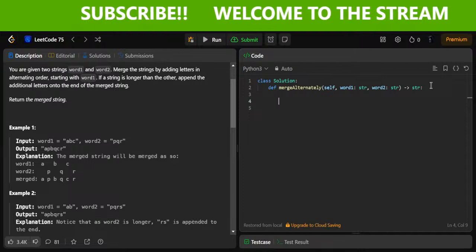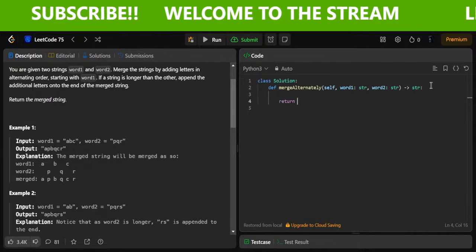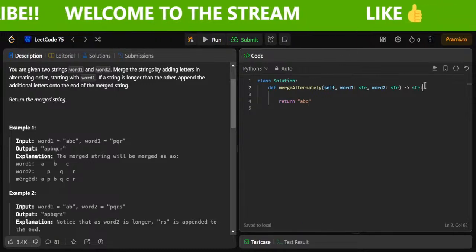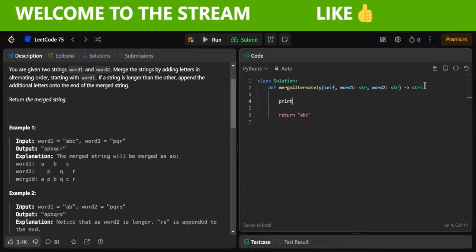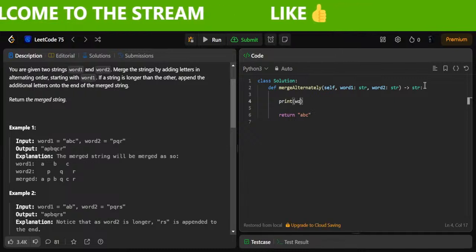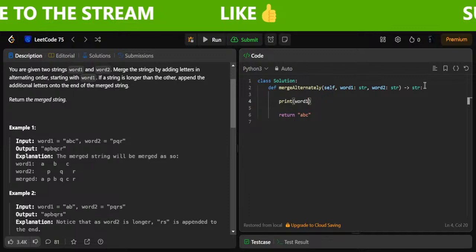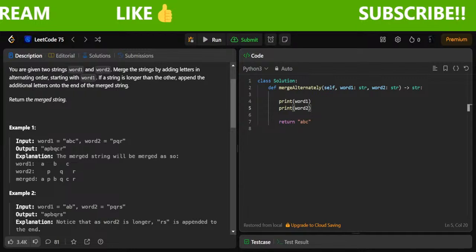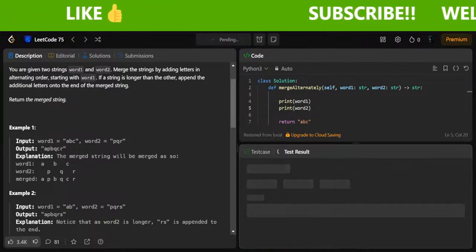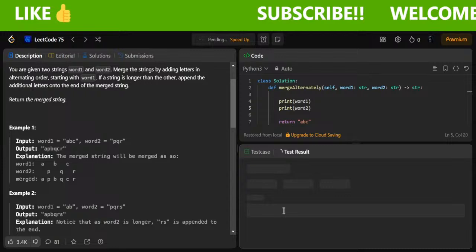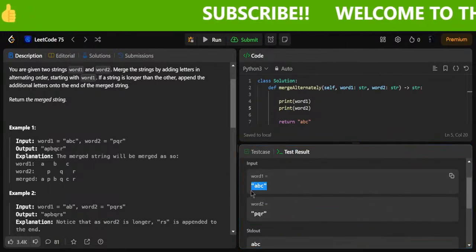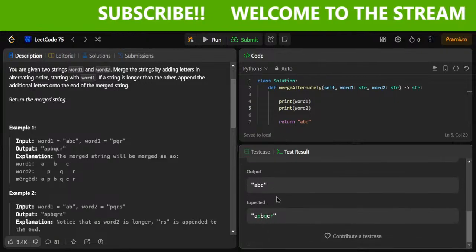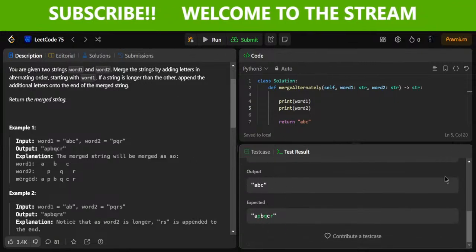Before I start, what I usually do is write a print and check what words we are getting, like word 1, word 2, and give it a run. By doing this, we understand what the inputs are, like ABC for word 1 and PQR for word 2, and the expected output is in alternate letters. So let's do that.